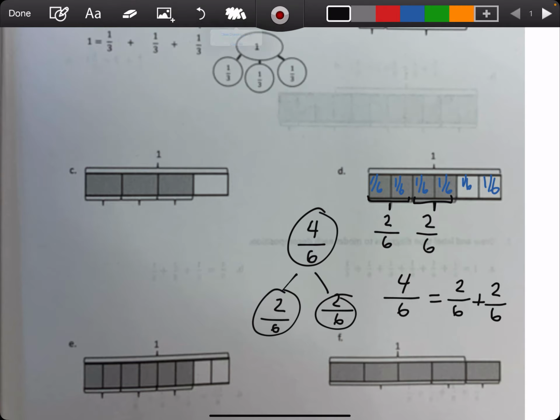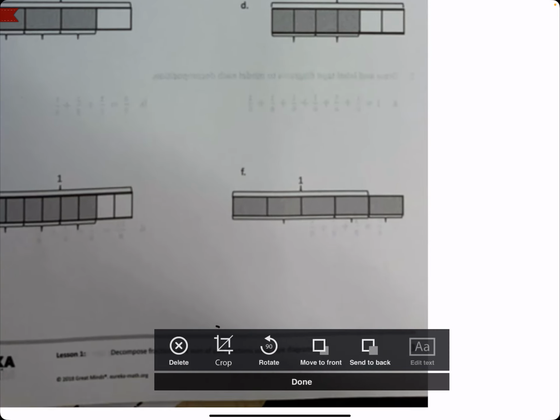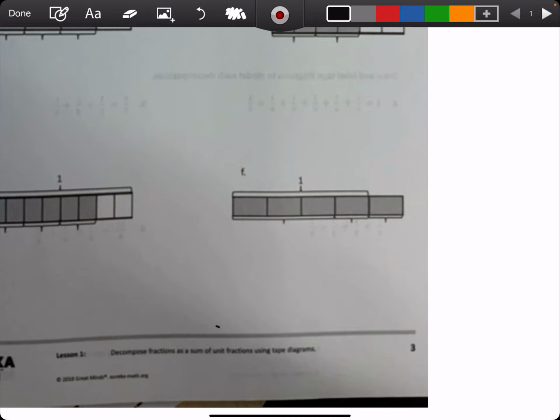Now, the last one we'll do, because you'll see once you get the hang of it, let's look at F. Now, we look at F, and what do you notice? Well, first thing I notice is that the whole ends right here. I have this piece, which is past my whole. So when I want to find out what denominator I'm using, I'm counting how many pieces are in my whole. 1, 2, 3, 4.